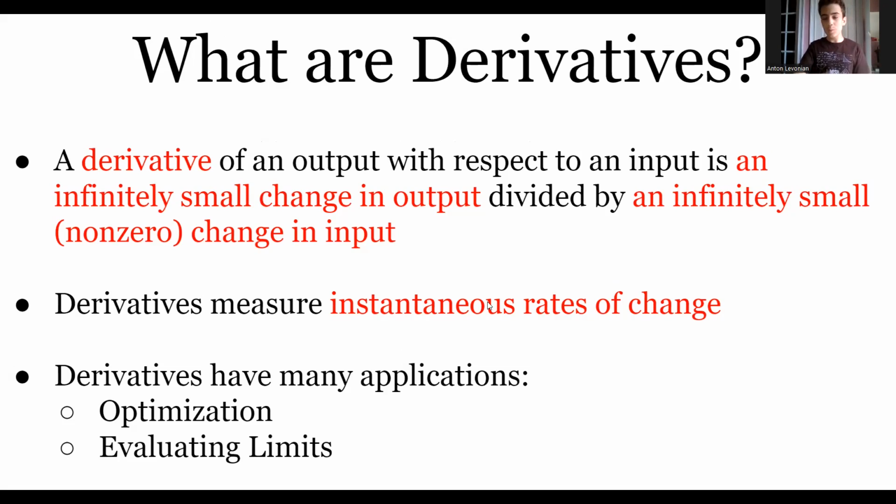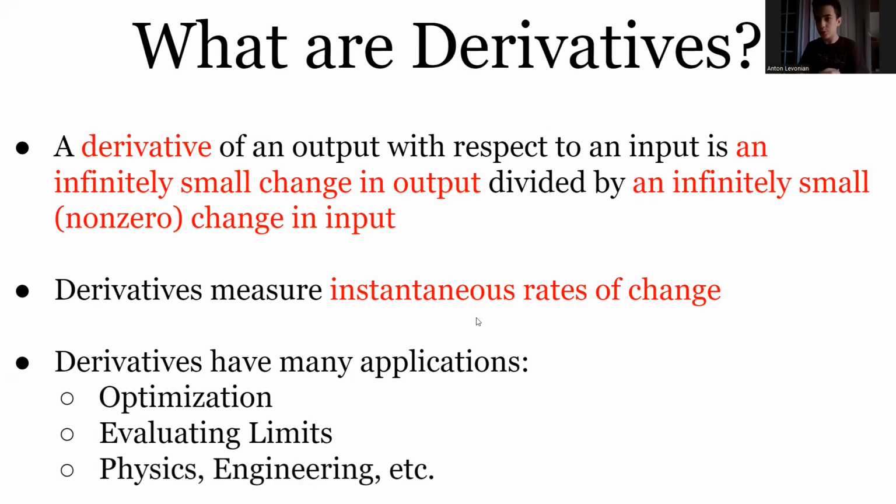We will also be talking about instantaneous velocity, because that is an instantaneous rate of change of distance with respect to time. And that ties into physics, because physics is originally the context in which calculus came up.